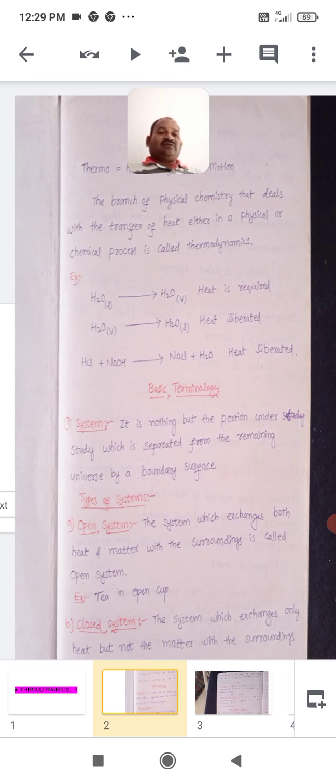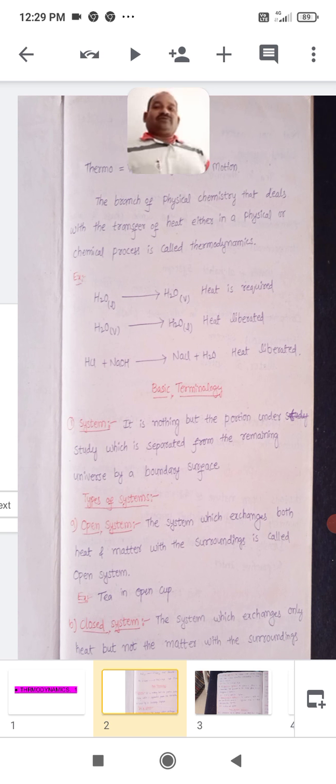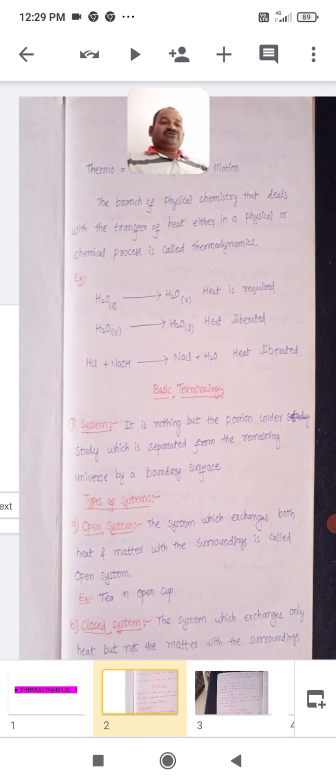The branch of physical chemistry that deals with the transfer of heat, either in a physical or chemical process, is called thermodynamics.